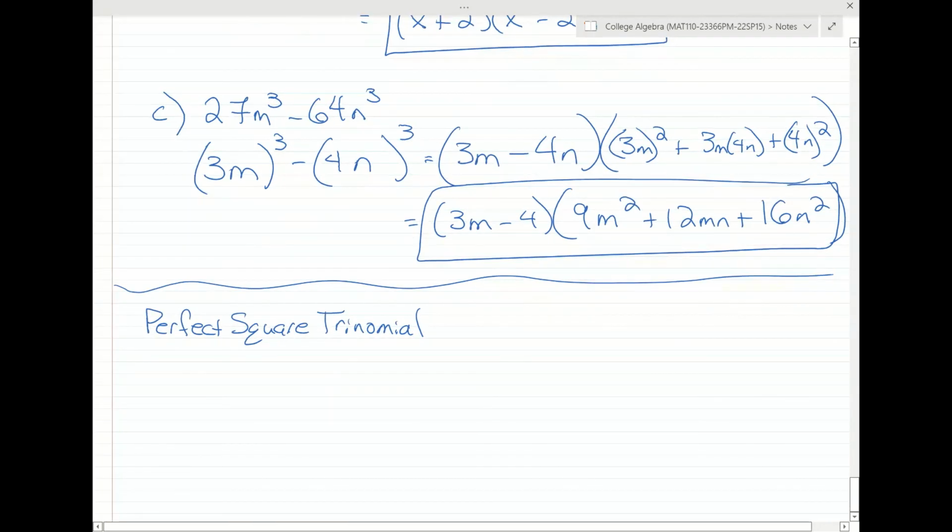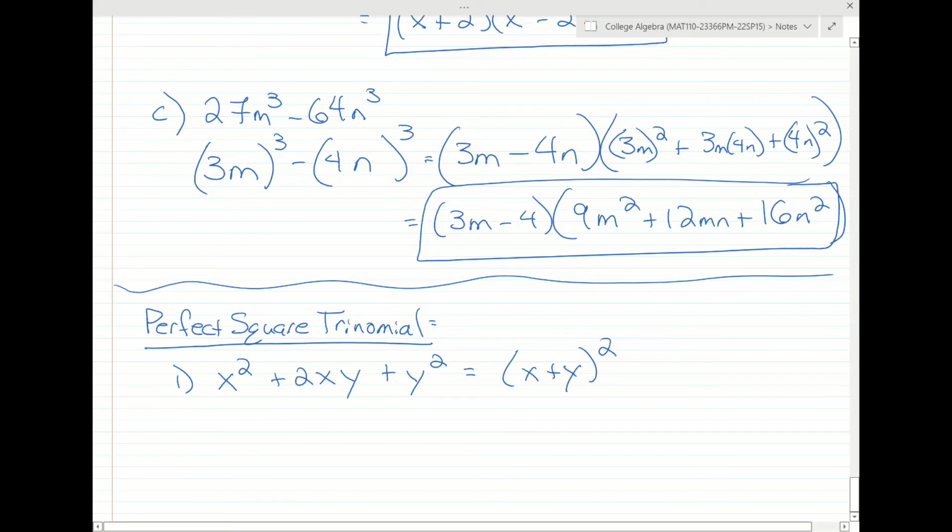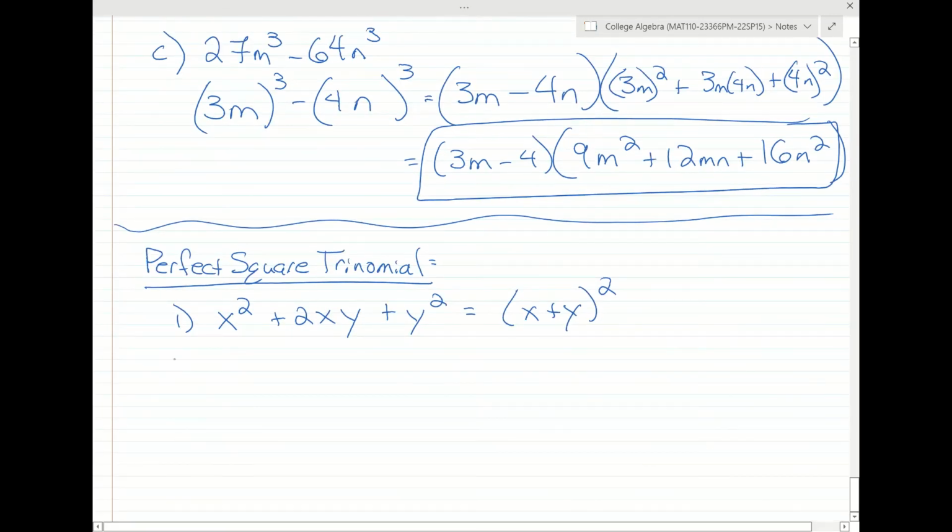But a perfect square trinomial says that if you have something squared here and something squared here, and 2xy in the middle, this would just factor to be x plus y squared. And again, you don't have to do this. You could just use regular trinomial factoring. I just wanted to show you in case you like shortcuts.